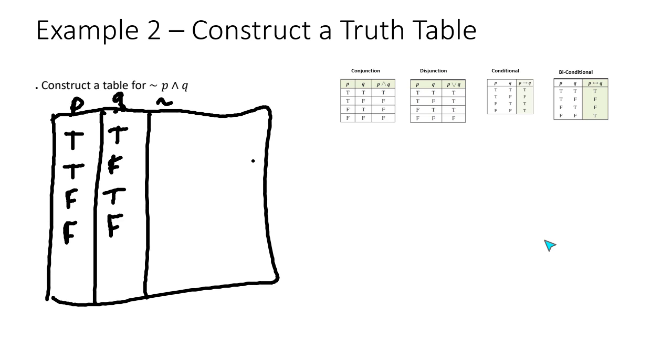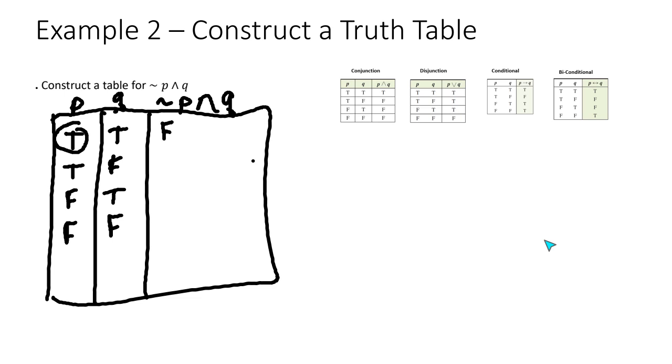Then I'm going to write negation P and Q. The first thing you want to do is treat each statement on its own, and then we'll figure out the rest together. So here I have negation P. If P is true, the negation of P is going to be false.